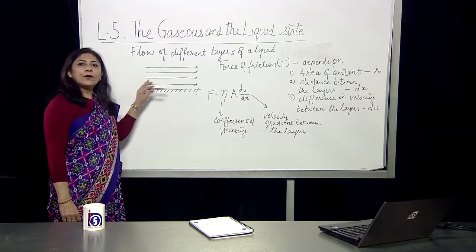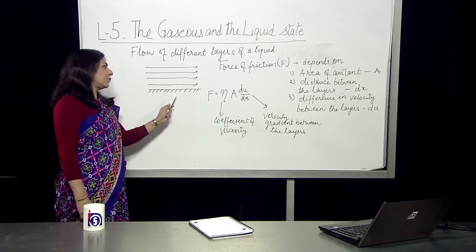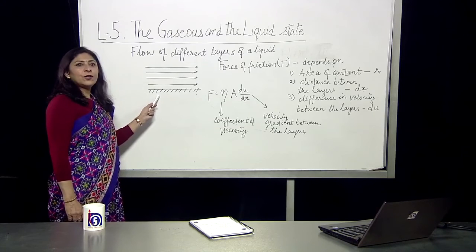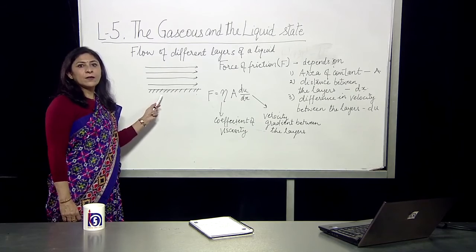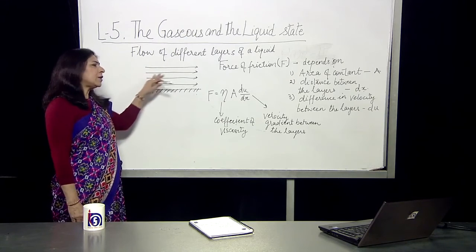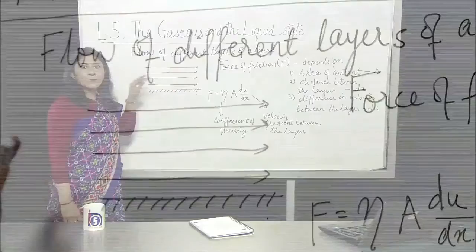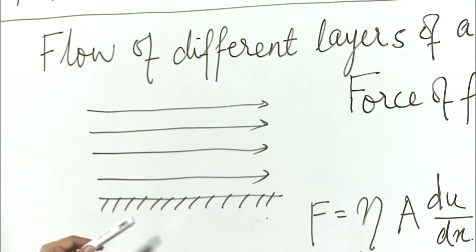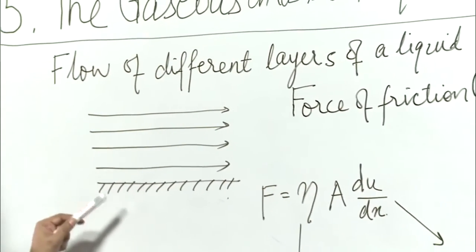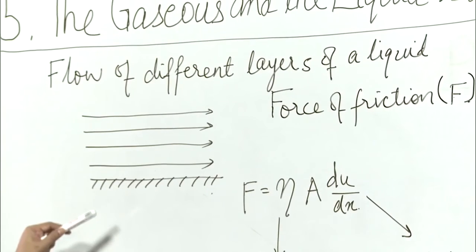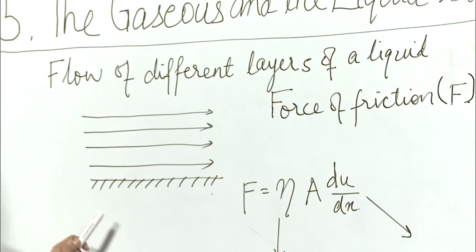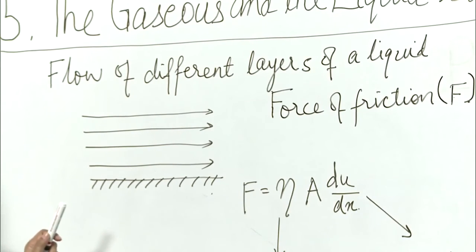I drew over here, you can see, suppose this is the surface on which the liquid, that is the honey, is kept, and it is the laminar flow. This is what I explained to you earlier. Due to the intermolecular forces, cohesive force, each layer experiences a force of friction from its adjacent layers.